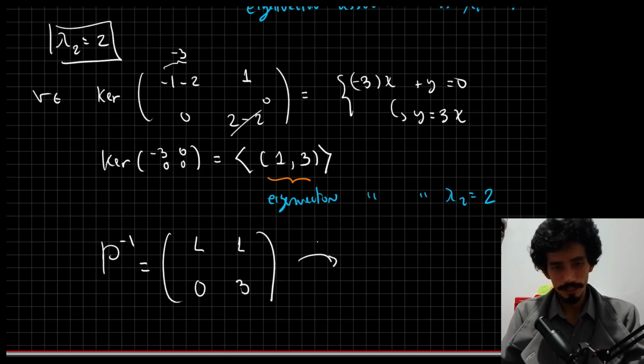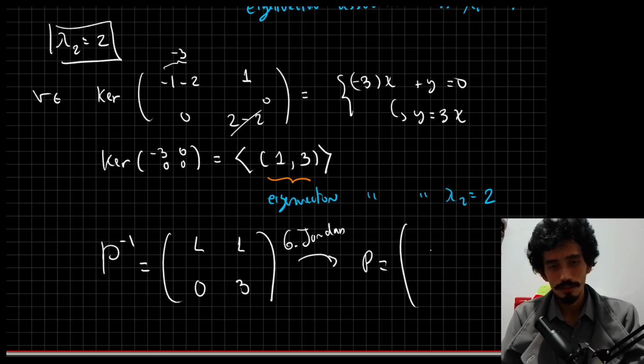And so we can do it by Gauss-Jordan, which is my favorite method, and I leave that to you. Here I already have calculated these things, so this is 0, a third, 1, and minus a third.